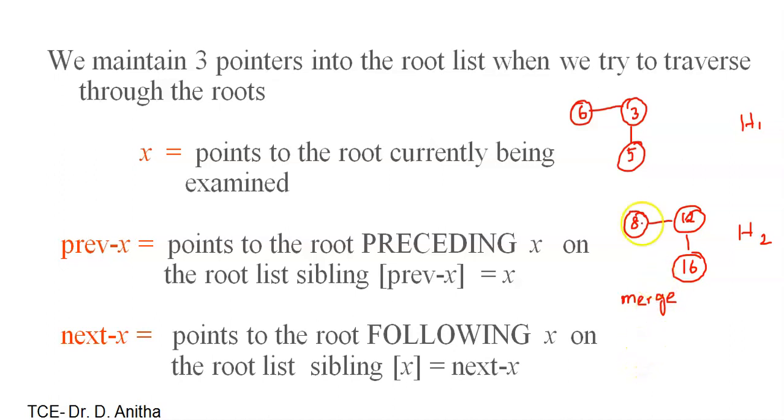Merging will combine these 4 trees. You have 4 different trees, right? This is one tree, this is another tree, this is the 4th tree. These are all root elements. These two trees form the first heap and the next 2 trees form the second heap. Now I am going to do a merge operation.